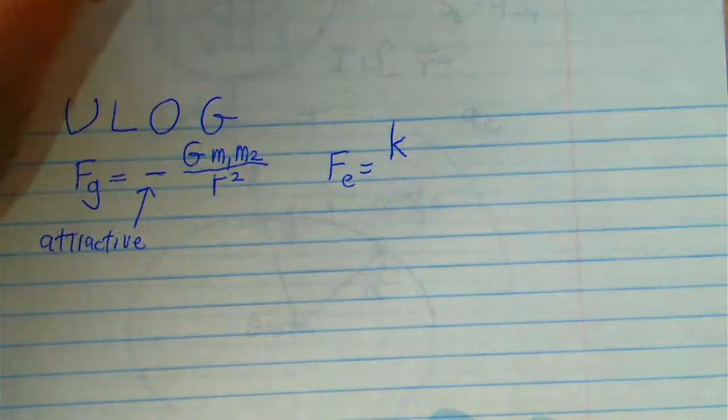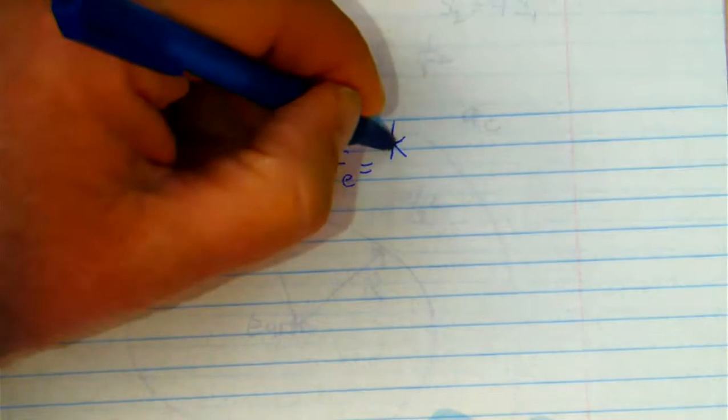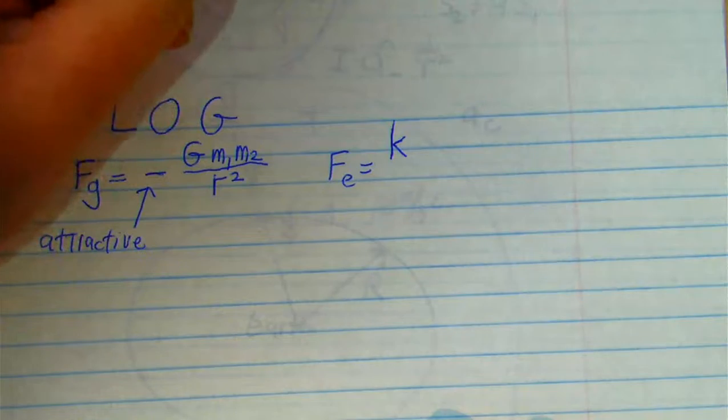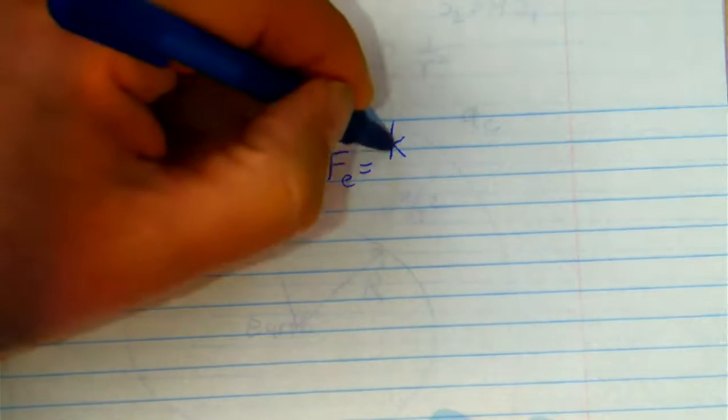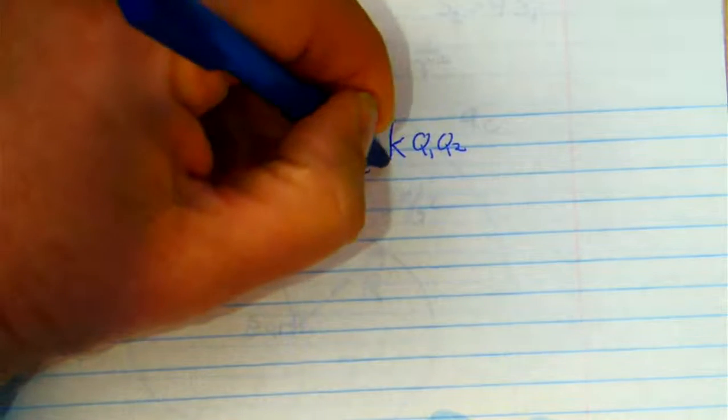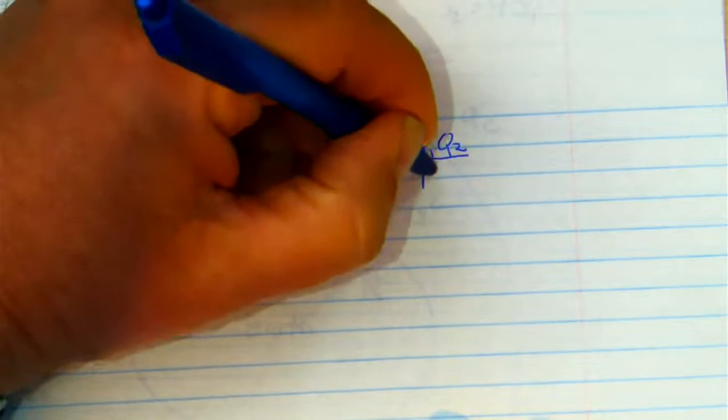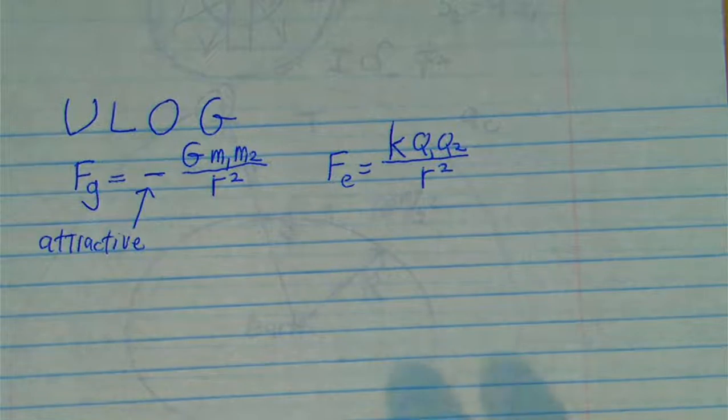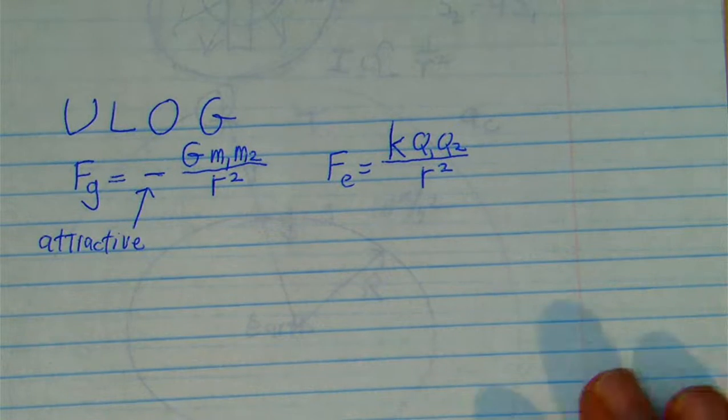In physics CP, we dealt with Coulomb's law, which said the force of electrical attraction between any two charges is lowercase constant, Boltzmann's constant K, times charge Q1 times charge Q2 divided by the distance from the center of one charge to the center of the other charge squared.